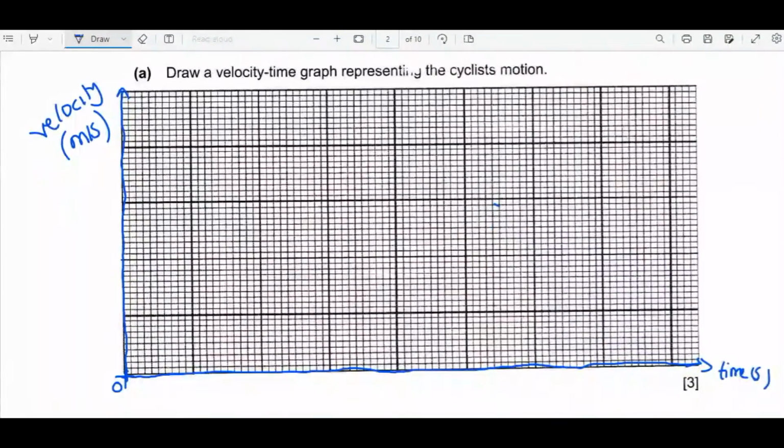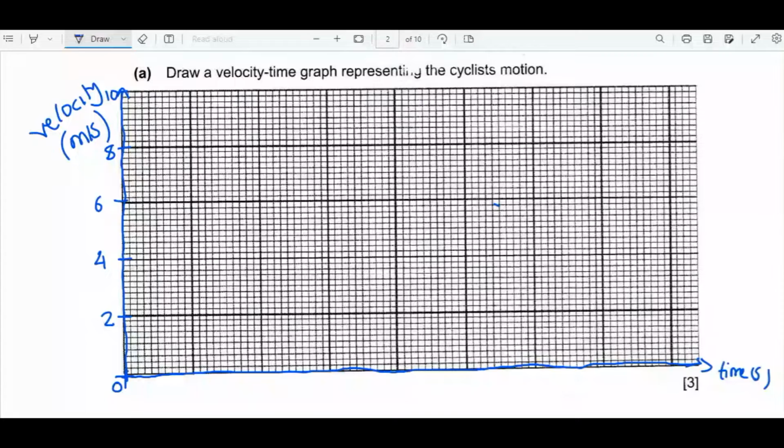So we need to come up with the scale that we are going to use. Under the y-axis, let's just use 2 centimeters to represent 2 units on both axes. So we have 2, 4, 6, 8, and 10 here.